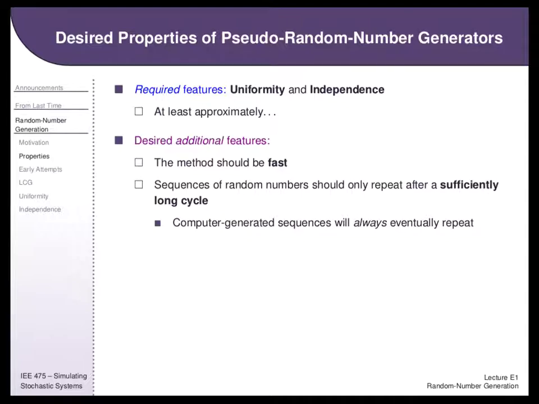The downside of using arithmetic ways of generating random numbers is you're guaranteed they will eventually repeat. There's actually proof of that. So the computer-generated sequences will always repeat if you keep drawing them over and over again. The challenge is generating a random number generator that won't repeat until well after your experiment is done, so that when it repeats, it's during another experiment, and it won't create any weird correlations between your experiments.